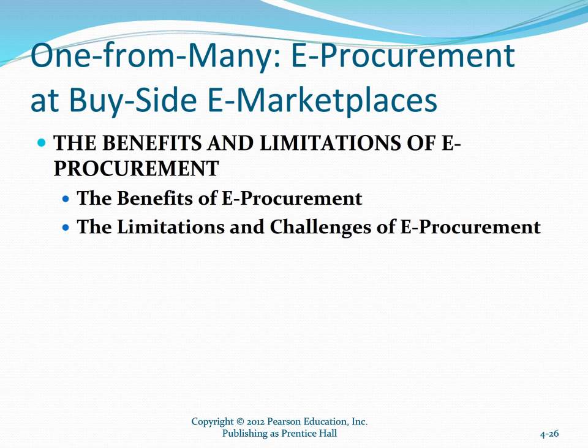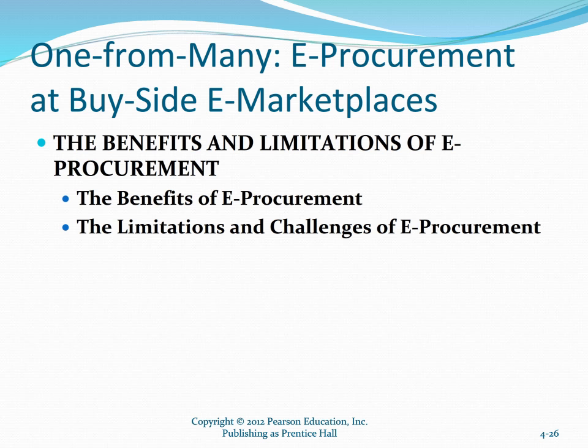As with most things in life, there are pros and cons to just about everything. So there are benefits and limitations of e-procurement. As far as some of the benefits, there's increasing the productivity of purchasing agents. In other words, we're able to be more productive if we're trying to find various goods and services. Hopefully we're able to lower the purchase prices through product standardization, reverse auctions, volume discounts, etc. Hopefully we're able to improve information flow.